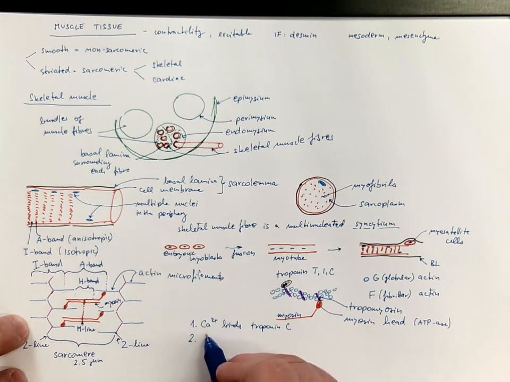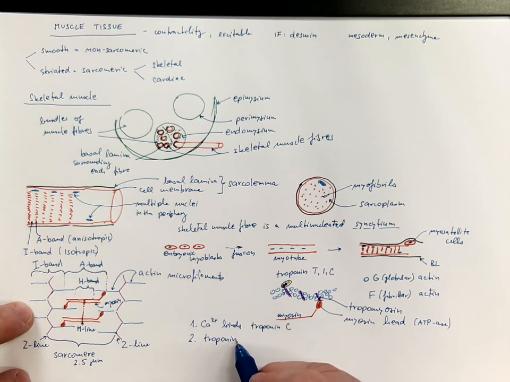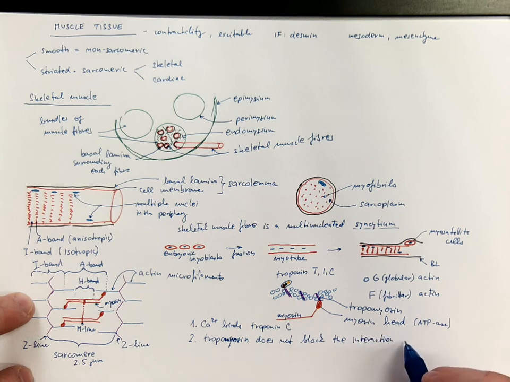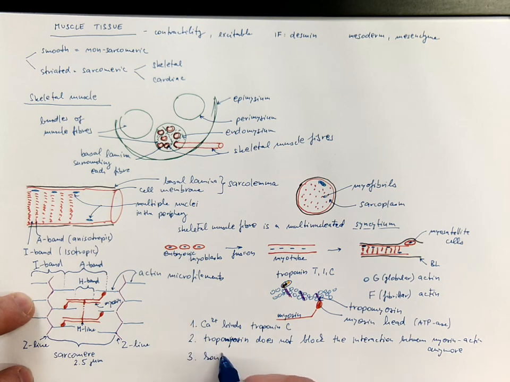So tropomyosin does not block the interaction between myosin and actin anymore, and the contraction results.